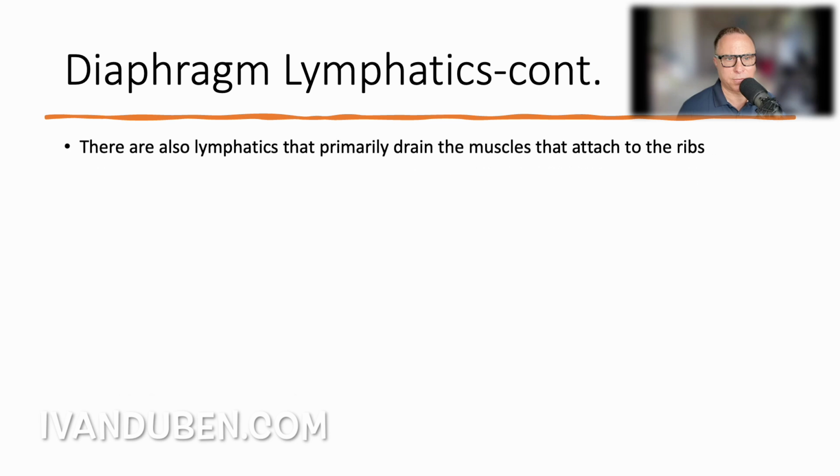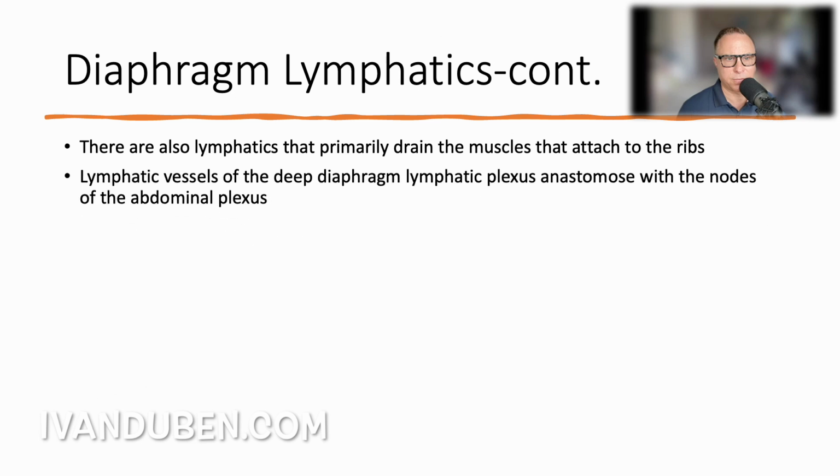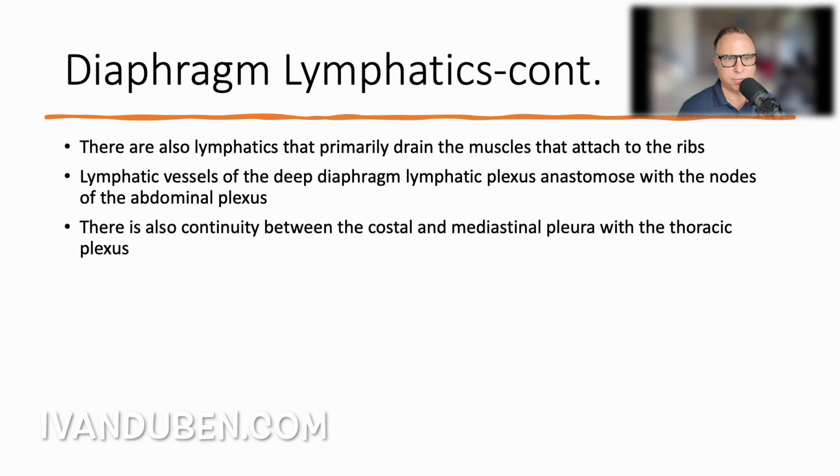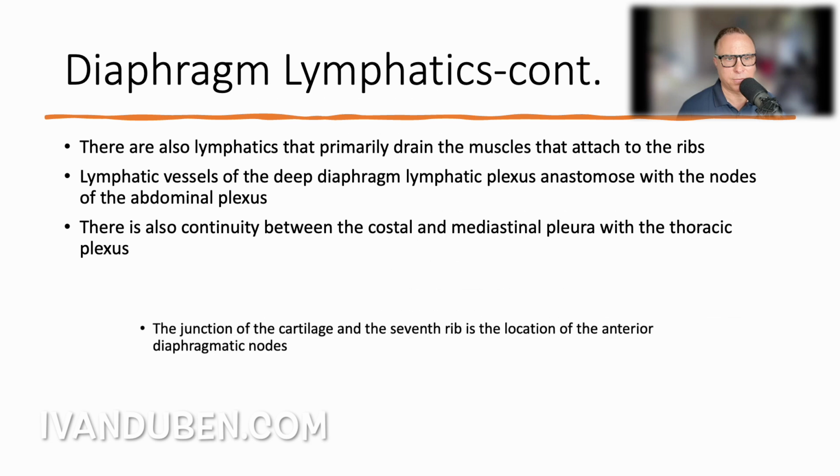There are also lymphatics that primarily drain the muscles that attach to the ribs. Lymphatic vessels of the deep diaphragm, the lymphatic plexus, anastomose with the nodes of the abdominal plexus. There is also continuity between the costal and mediastinal pleura with the thoracic plexus.